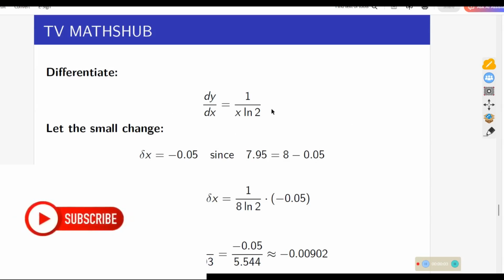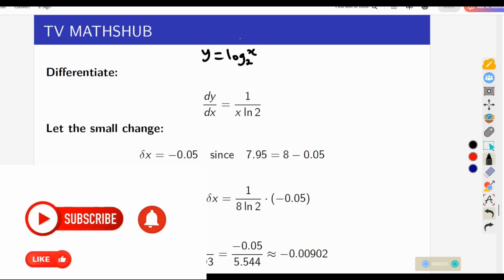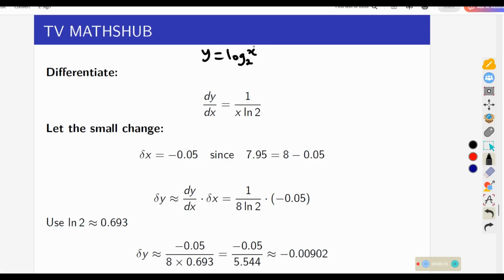Next, we shall deal with differentiation. So how do we differentiate y equal to log 2 of x? We differentiate this by first converting it into natural logarithm. We need to recall some facts about logarithms.